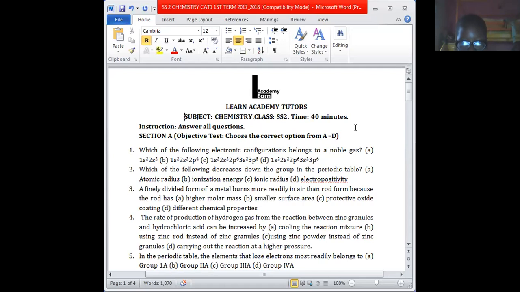A finely divided form of a metal burns more readily in air than the rod because the rod has what? A, high molar mass. B, small surface area. C, protective oxide coating. D, different chemical properties. So what's the answer?